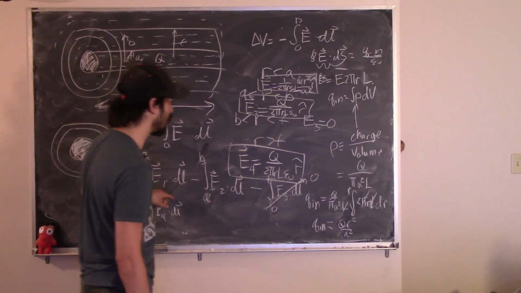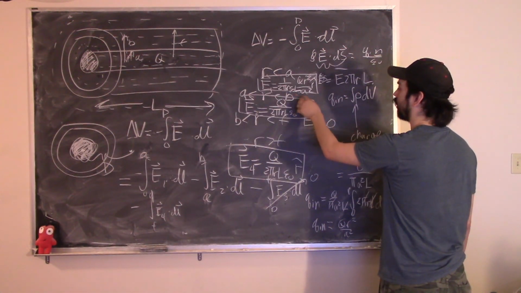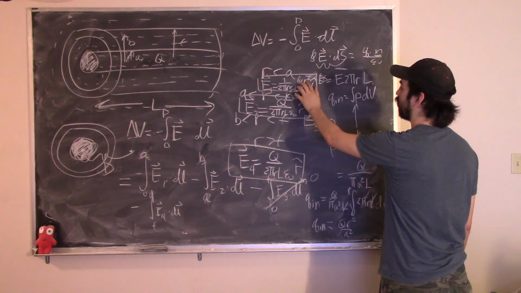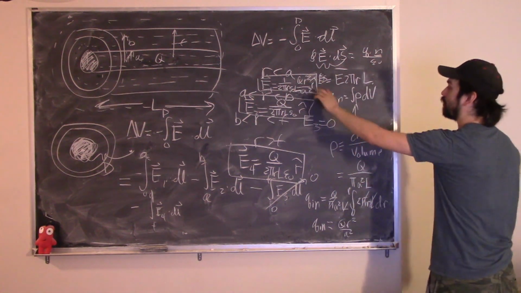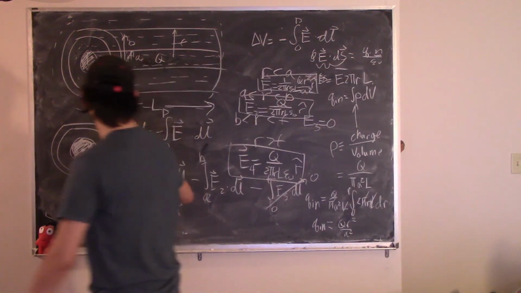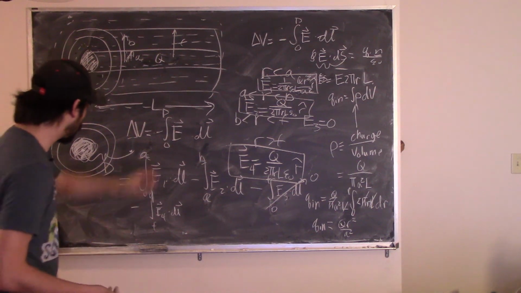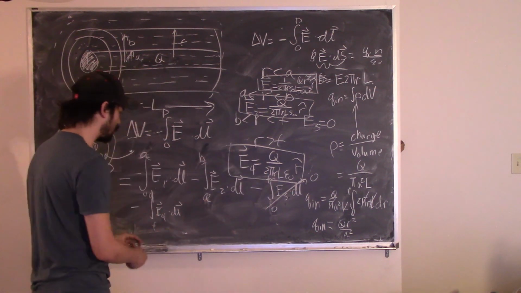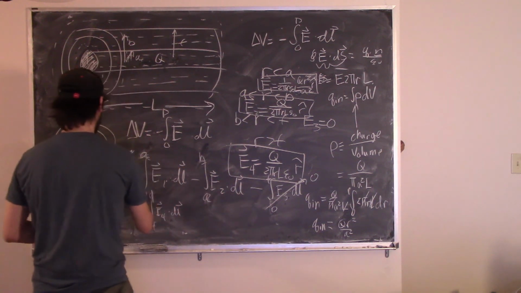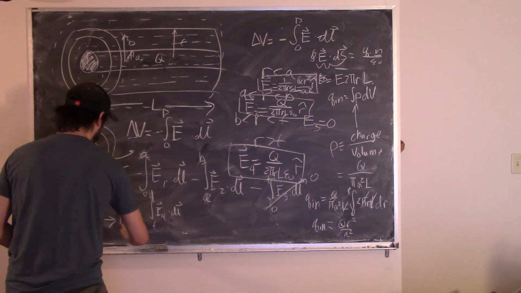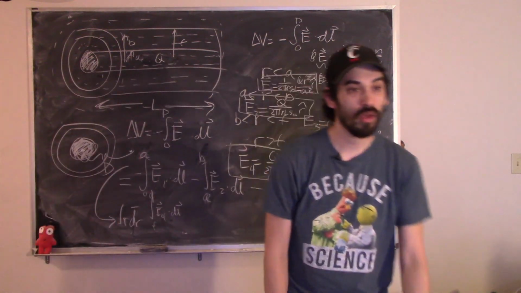This one gives you an r squared after you integrate it, because this is going to be r squared divided by r, and then that's the integral of r dr, so I'm going to have a factor of r squared from this one. Like I said, I'm not going to go through that calculation. We did almost the same calculation for these two parts, and then this one ends up just being an integral of r dr in the end, times some constants.